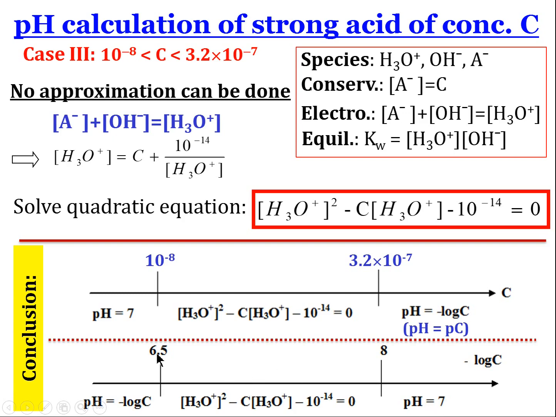And in the domain minus log C between 6.5 and 8, we solve the quadratic equation H3O plus squared minus C times H3O plus minus 10 minus 14 equal 0.